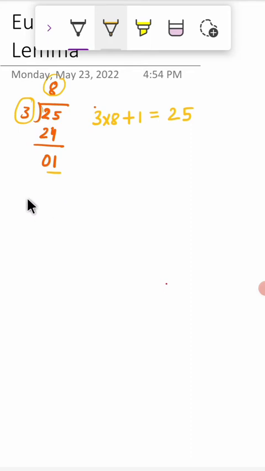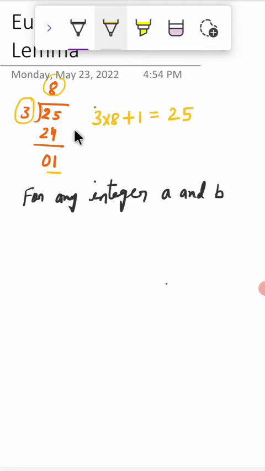As per the Euclid division lemma, for any integers a and b, where we suppose that 25 is our a. So we can write: let a be the dividend and b will be your divisor.